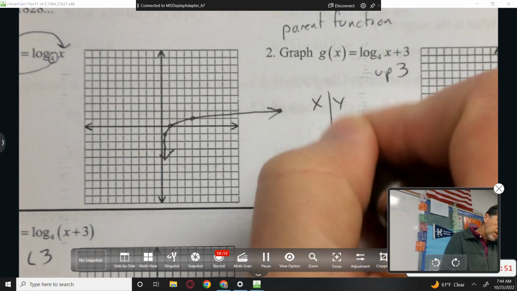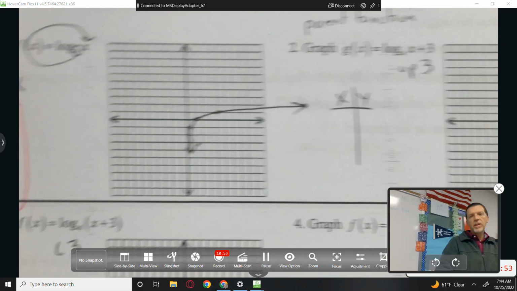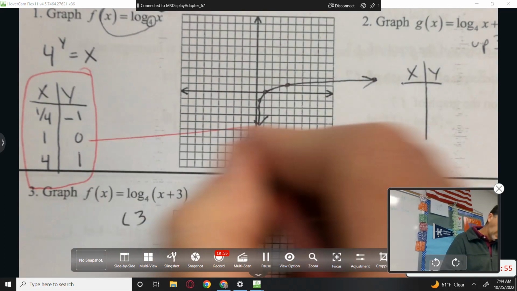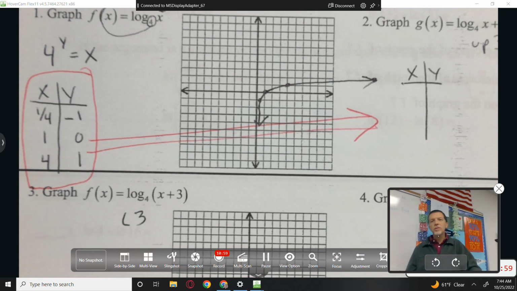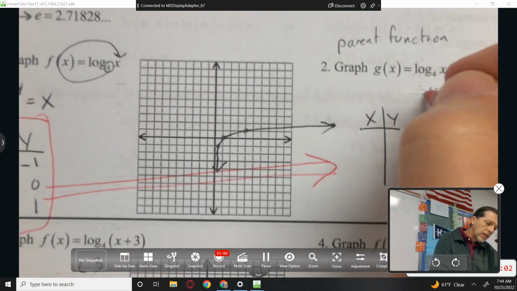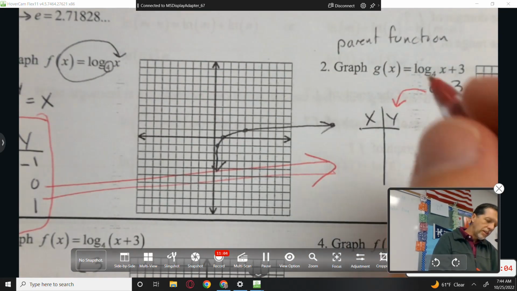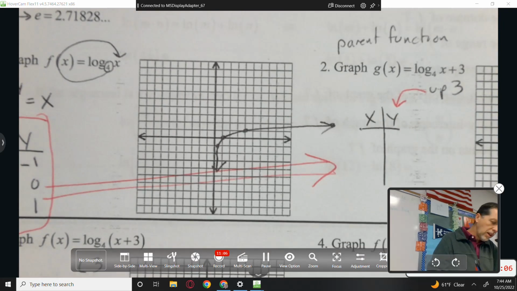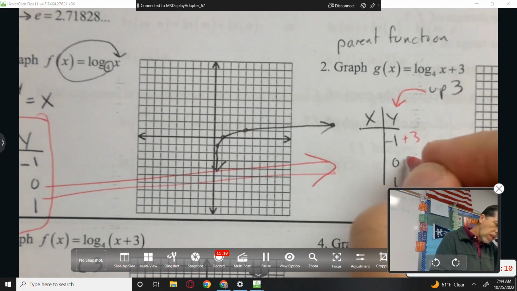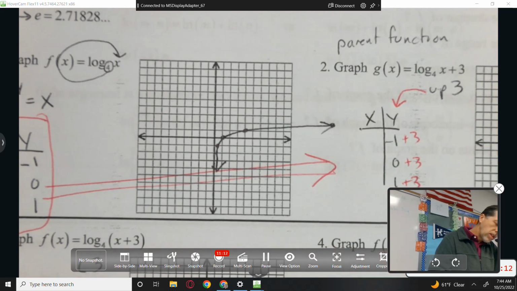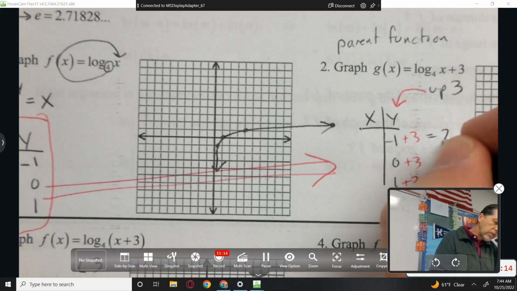So up 3. This becomes very similar to what we did yesterday. We don't really plug things in anymore. We look at our original table, and let's see, up 3 would be adjusting the y values by up 3. So our y values are now 2, 3, and 4.